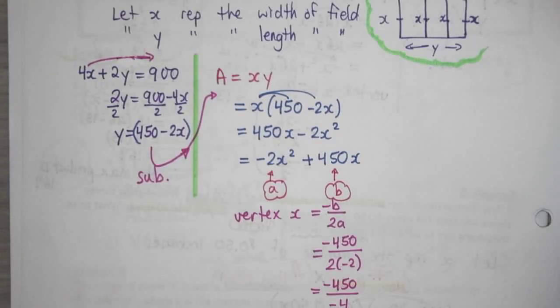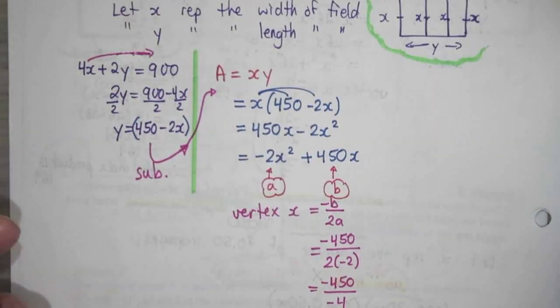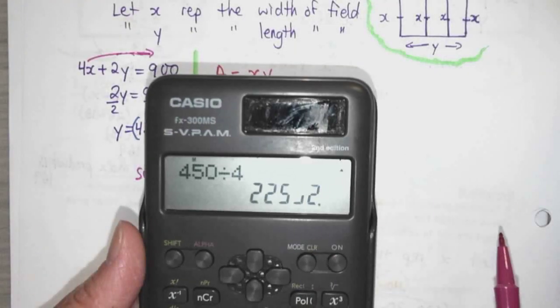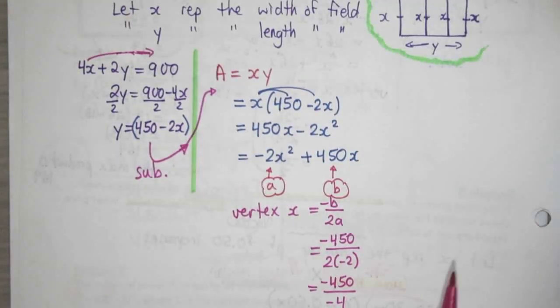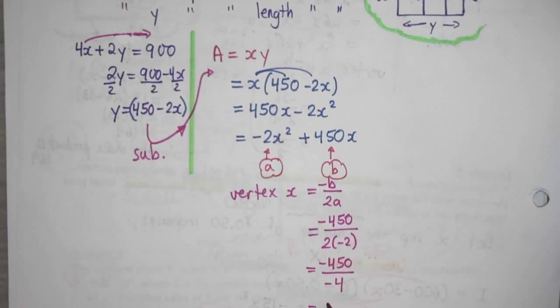This one, I'll let you go to decimal, because I think otherwise it just gets a little not so fun, because it's 112.5, which is 225 over 2. So let's go to decimal. So I'll let you go to decimals on this one. So we're going to get exactly 112.5.